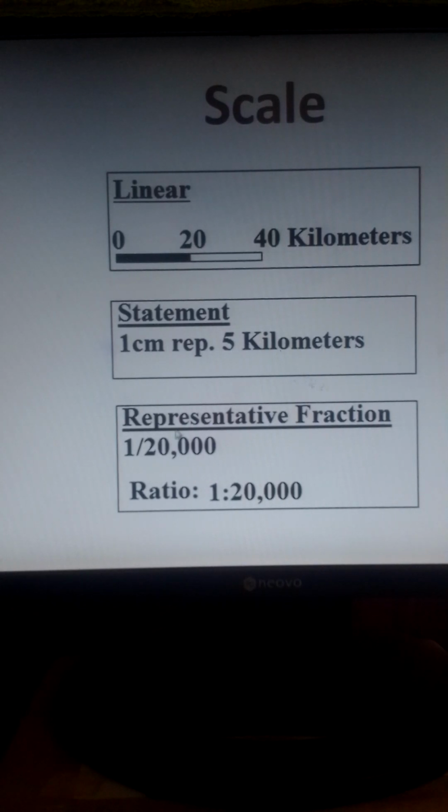Third, we have the representative fraction, which is a fraction. In this case, 1 out of 20,000, which can be written as a ratio, that is 1 to 20,000. Those are the 3 different types of scales that we have, which you can use on a map.